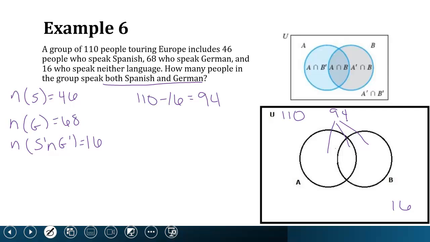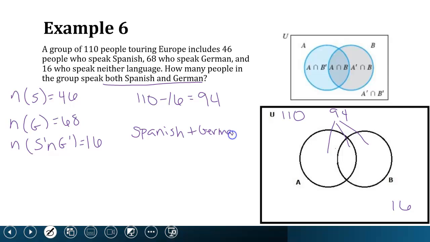Now we need to figure out what our middle number is. I know that when I add up all three parts, it needs to be 94. So I have the Spanish circle plus our German circle.